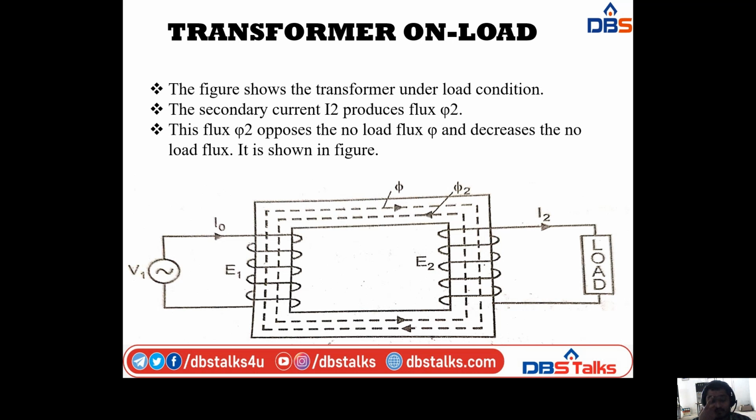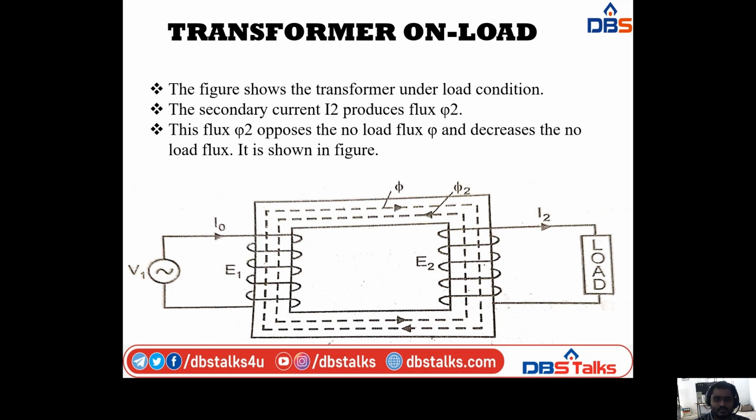Here V1 is the supply voltage, E1 is the induced EMF in the primary winding, I0 is the no load primary current, E2 is the induced EMF in the secondary winding, and I2 is the secondary current. Phi2 is the flux produced by the secondary current I2, and phi is the flux produced by the no load primary current I0.